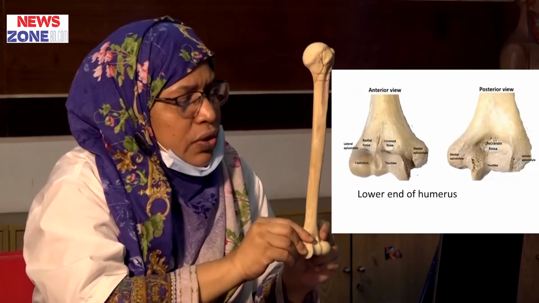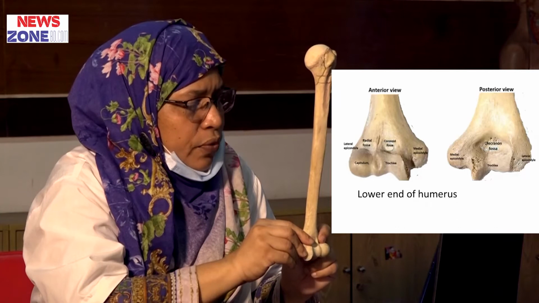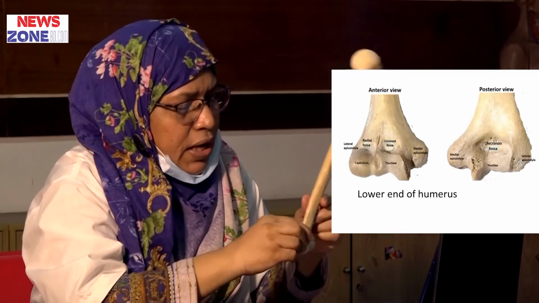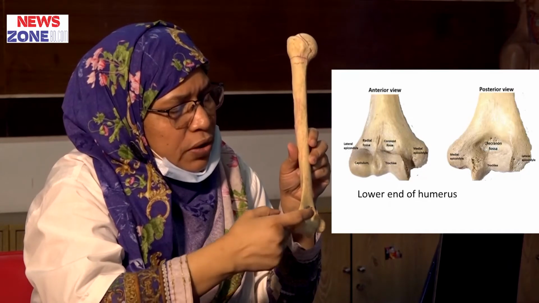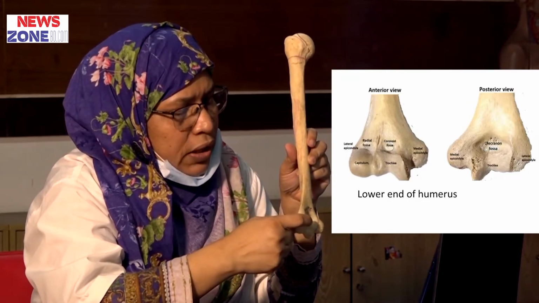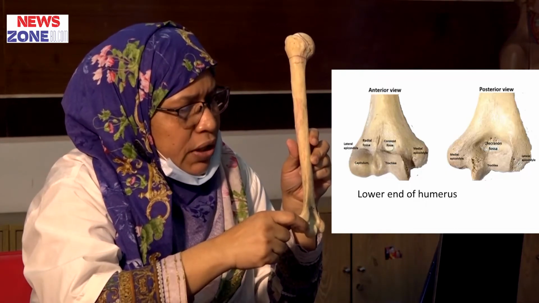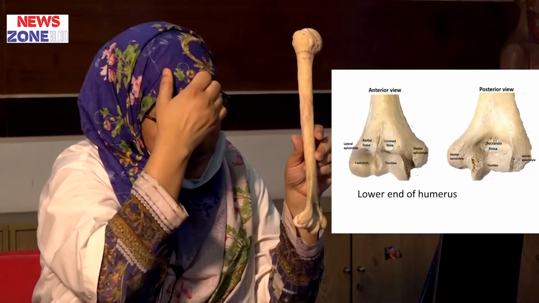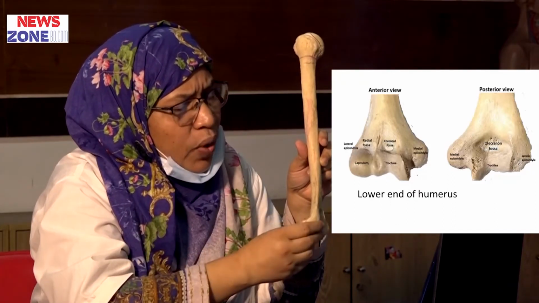And this is the radial fossa, also occupied by the radial head when the elbow joint is fully flexed. Now the posterior part: there is the olecranon fossa, occupied by the olecranon process when the elbow is extended. It is more or less subcutaneous. So these are the lower end features.